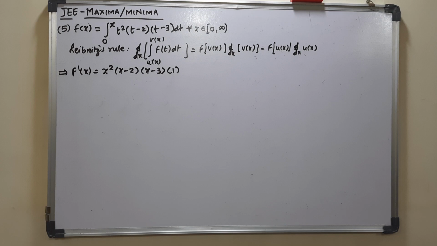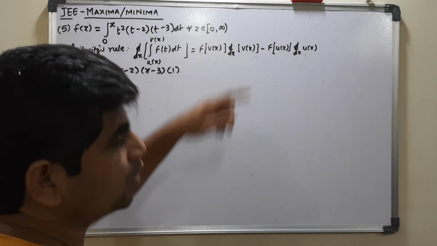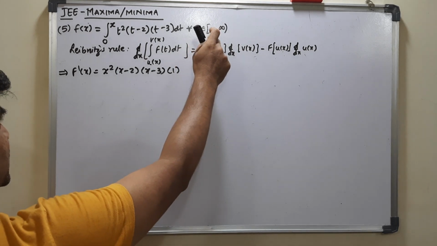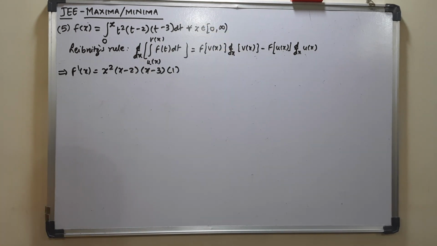So I will be just checking all the possibilities, that is whether I am getting minimum, maximum, local minimum, local maximum, in the given interval 0 to infinity. This is closed here and obviously open there, right?